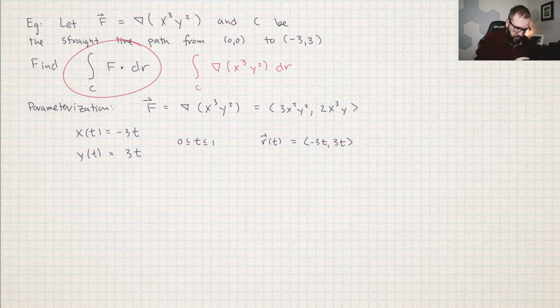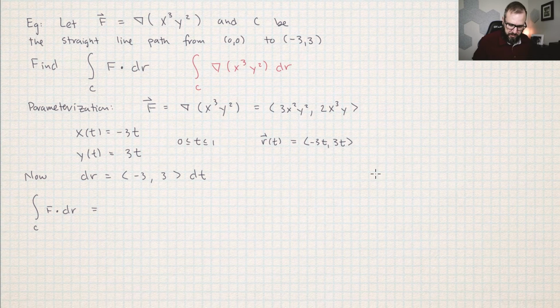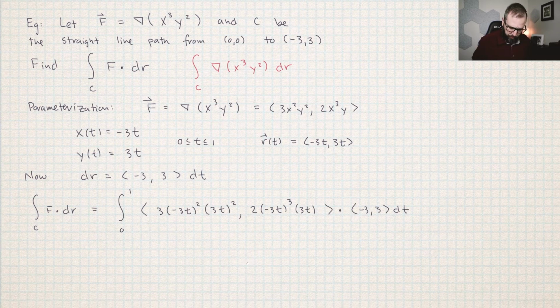So I just need to jump forwards and start doing these next little steps. Okay, so what I did next is here's my r of t that came from the parameterization. So all I did was take derivatives to get that. And now I'm going to need to plug everything into this dot product. Okay, everything's just rolling along pretty smooth. So what I have is 3x squared y squared.